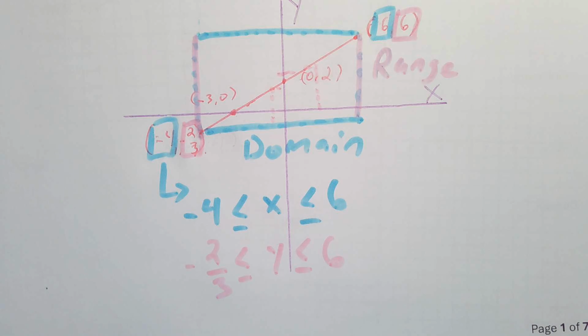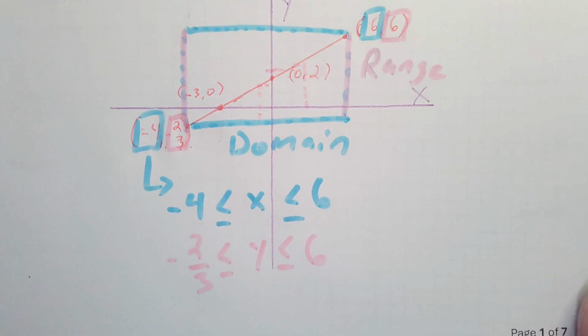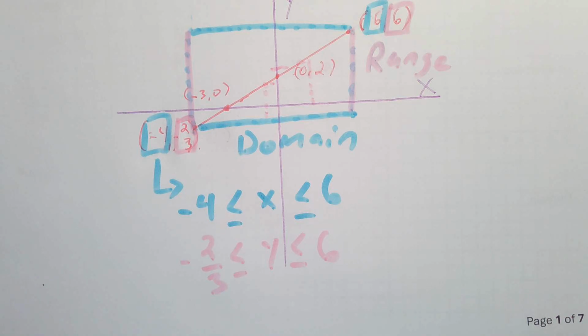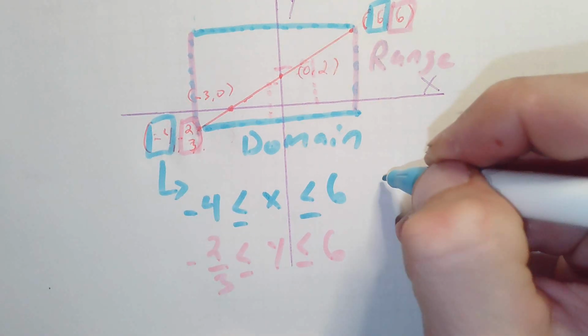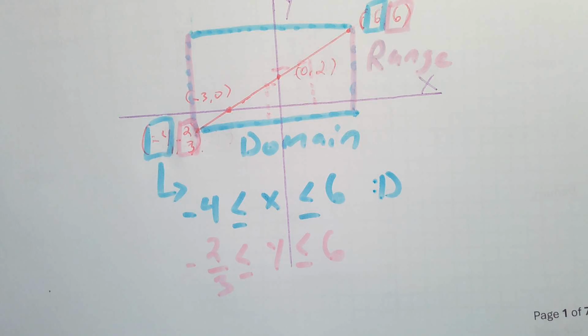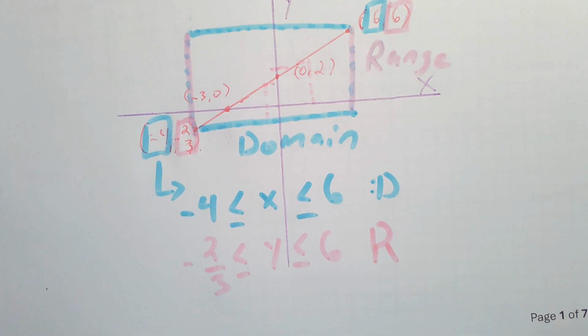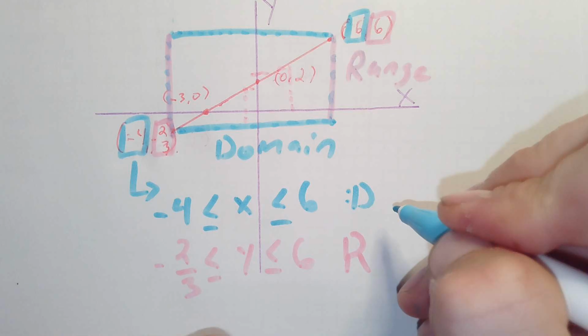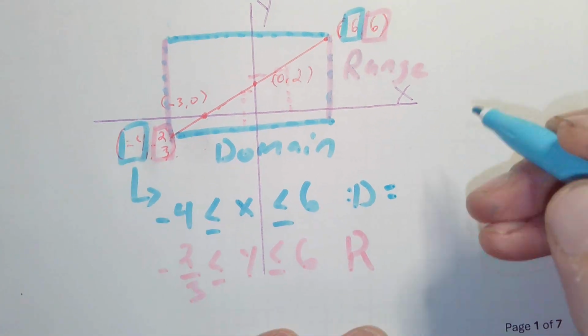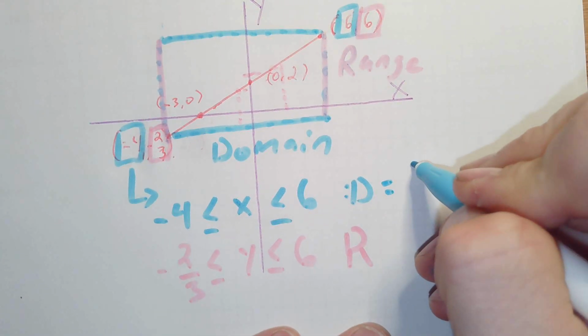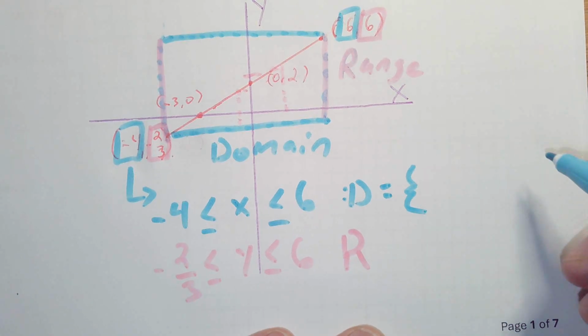All right, so to put this in set builder notation, we can call this set A. We'll call this set D for domain. We'll call this set R for range. So my set D equals, you've got to do your fancy curly brackets.